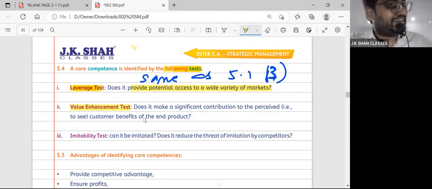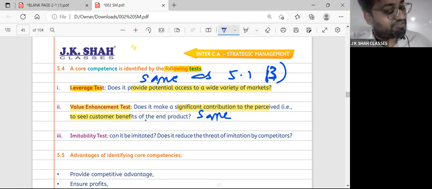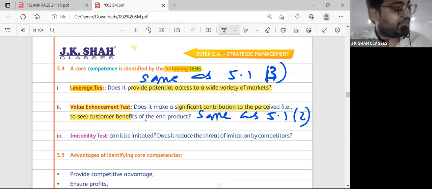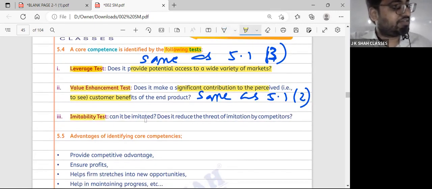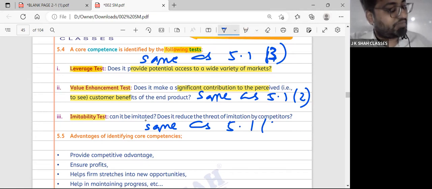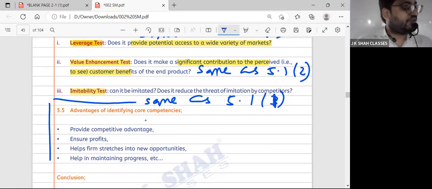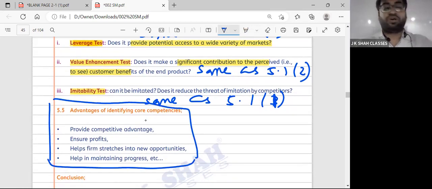Value enhancement. Significant contribution to the perceived customer benefits, customer value. Imitability test. Same as 5.1.1. You all understood this? You read this for yourself, see if you have any doubts, then I will talk about 5.2. Immediately, I give you 2 minutes.